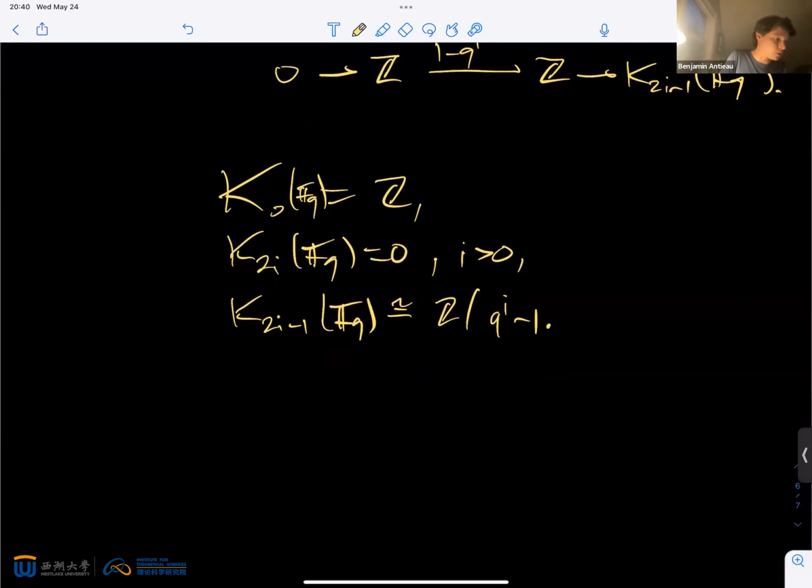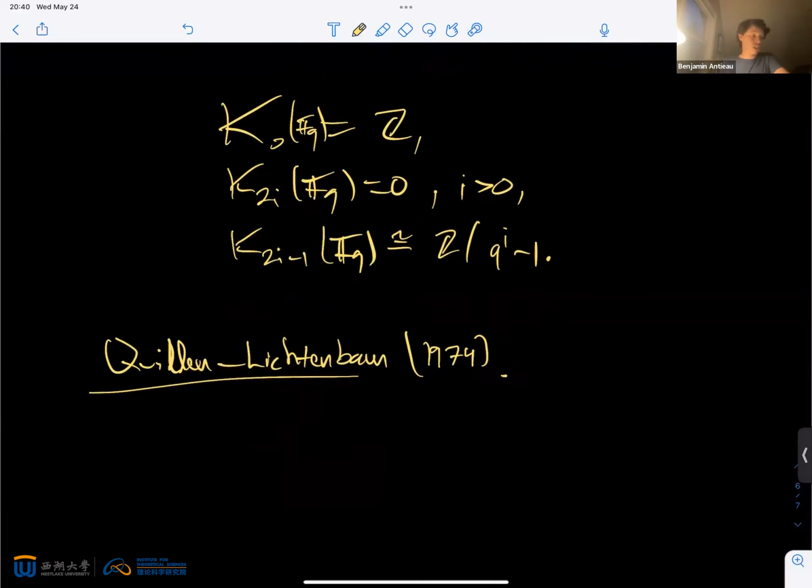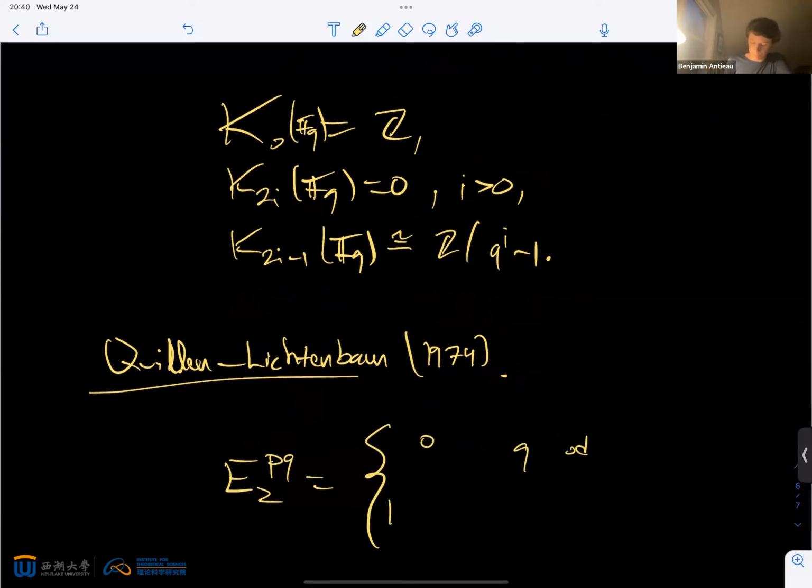Let me just say, right, so then Quillen conjectured, well, I guess I'll call it the Quillen-Lichtenbaum conjecture. This was in Quillen's ICM address in 1974. And he conjectured that there should be a spectral sequence of the form, it's kind of like the Atiyah-Hirzebruch spectral sequence, except I forgot to index it so that a bunch of things don't vanish.